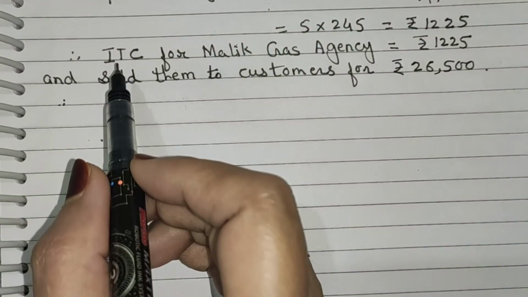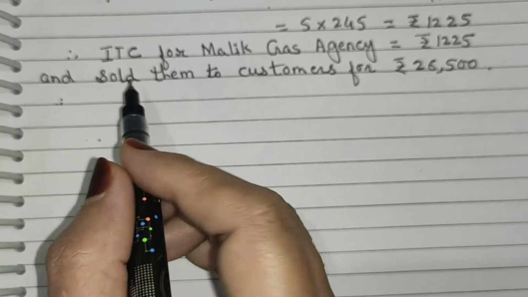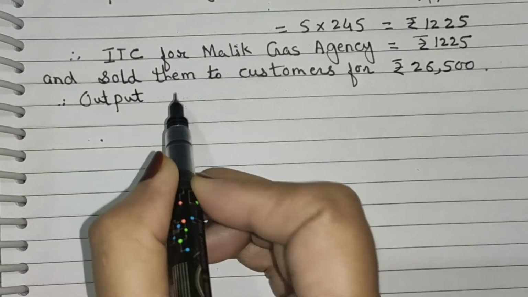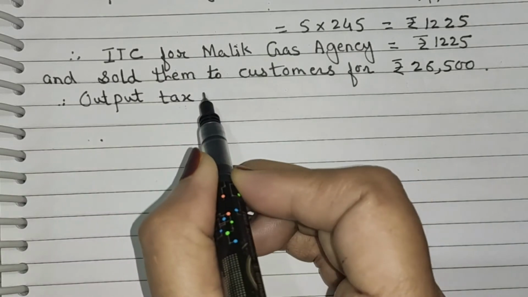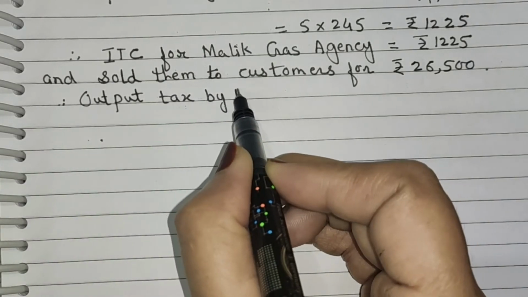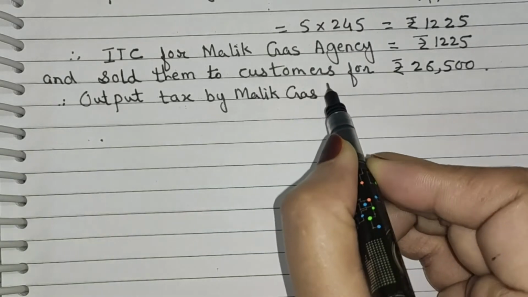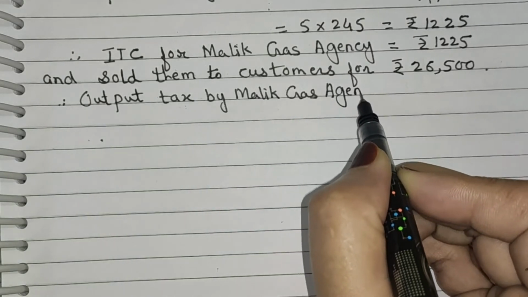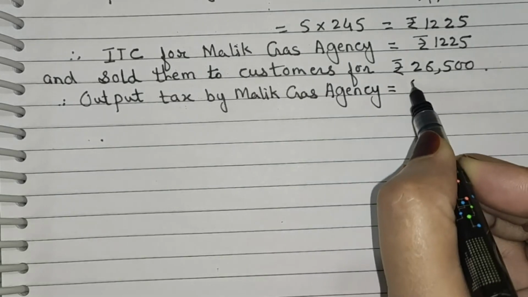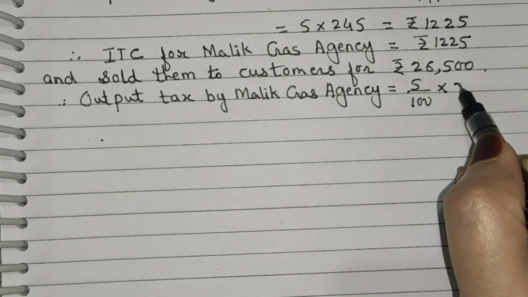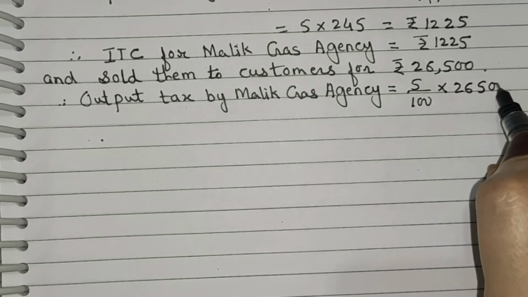Therefore, output tax by Malik Gas Agency is equal to 5 upon 100 into 26,500.